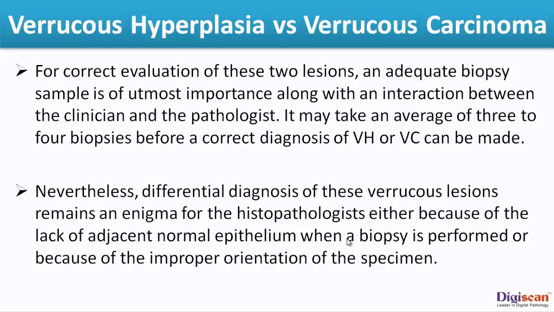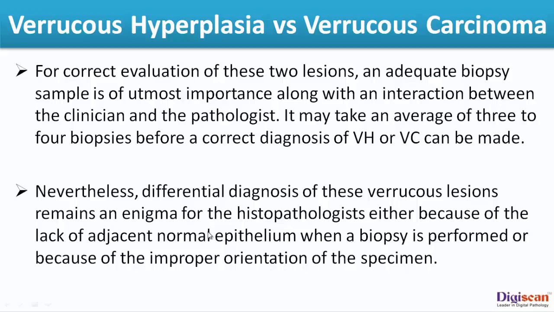Nevertheless, differential diagnosis of these verrucous lesions remains an enigma for the histopathologists, either because of the lack of adjacent normal epithelium when a biopsy is performed or because of improper orientation of the specimen.